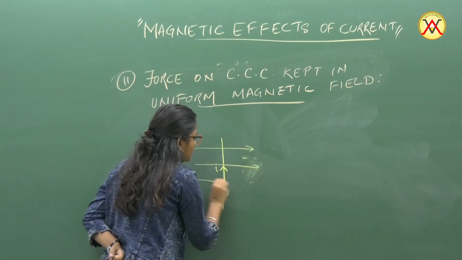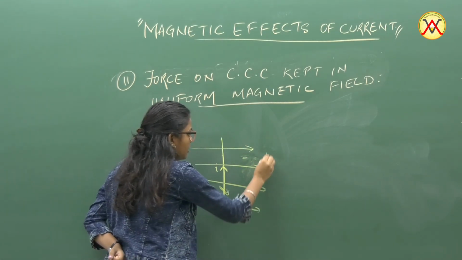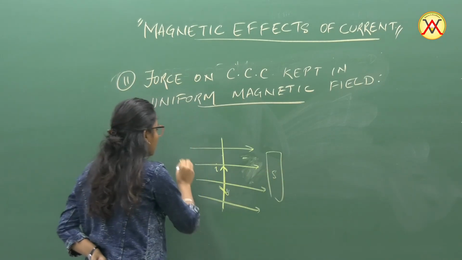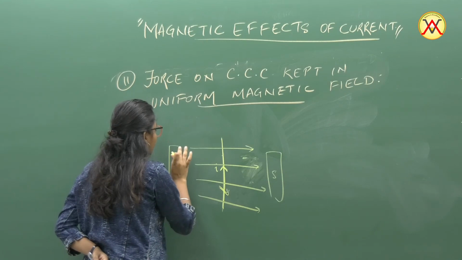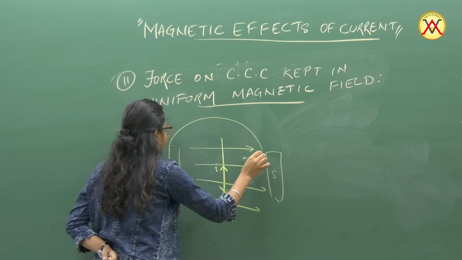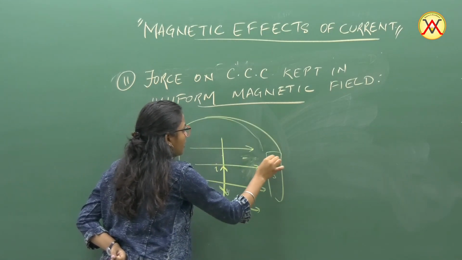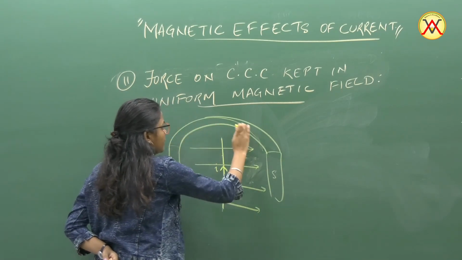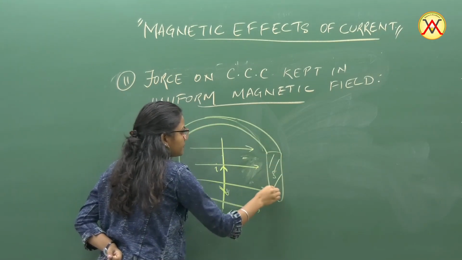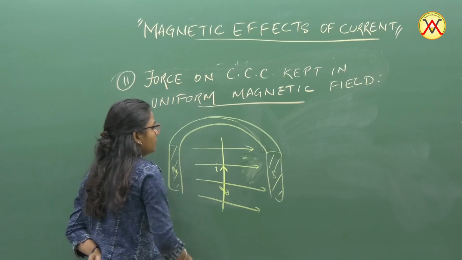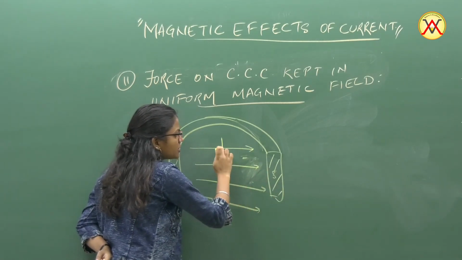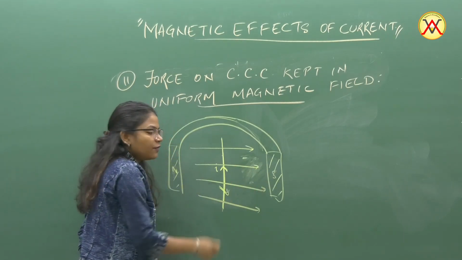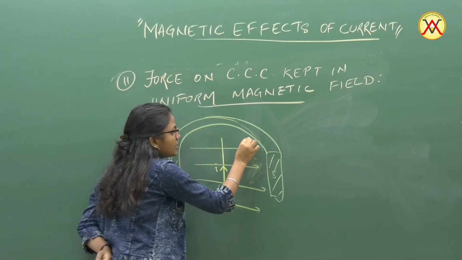Let's suppose here this is a south pole, this is a north pole of our, let's say, horseshoe magnet. Now here we have a constant or uniform magnetic field in which this current carrying conductor is kept.